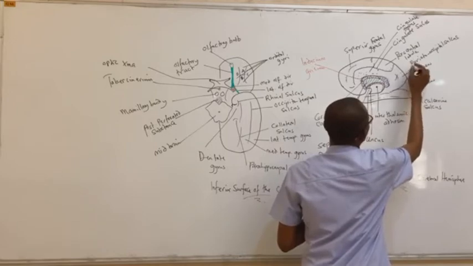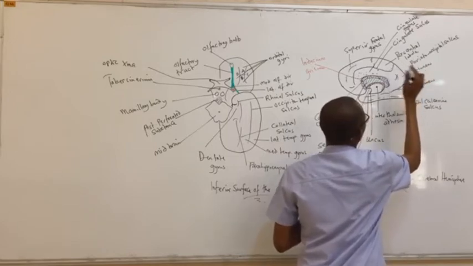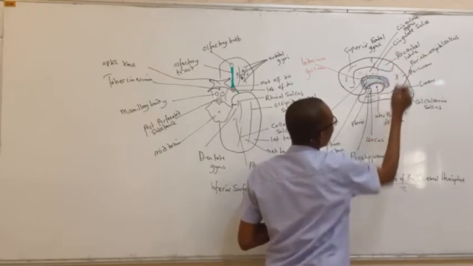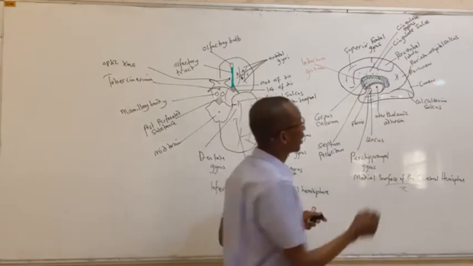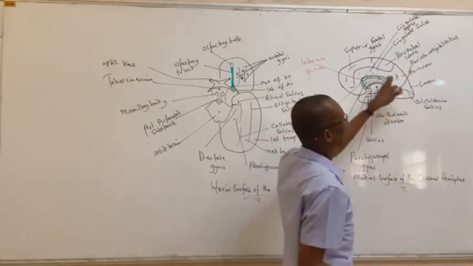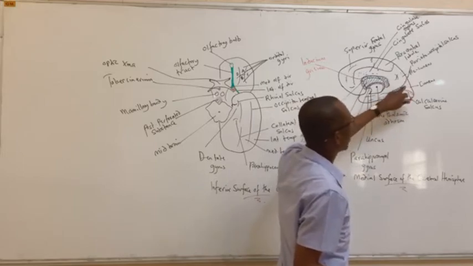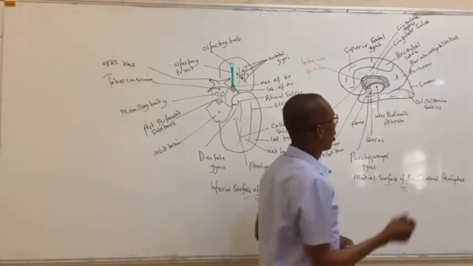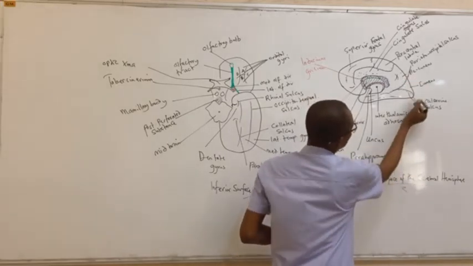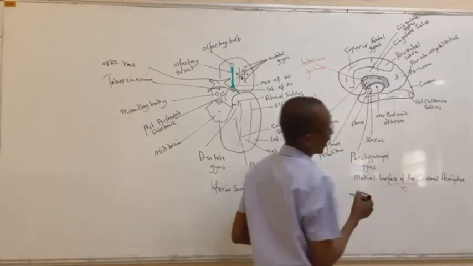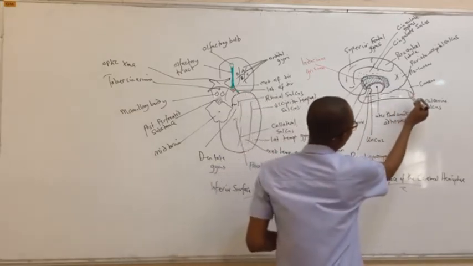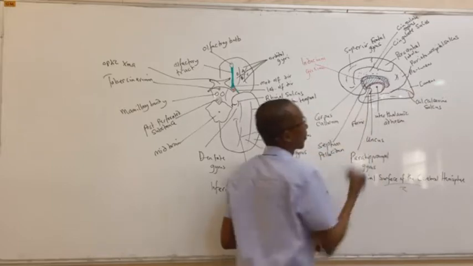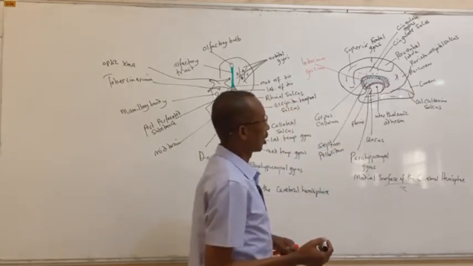In between the parieto-occipital sulcus and the paracentral lobule, that's what we call the precuneus. This precuneus is also one important gyrus, and immediately below it is what we call the cuneus. This cuneus is part of the occipital lobe or occipital cortex. Here on the medial side, we can see the calcarine sulcus. The calcarine sulcus plus the parieto-occipital sulcus go together towards the temporal lobe or temporal cortex.